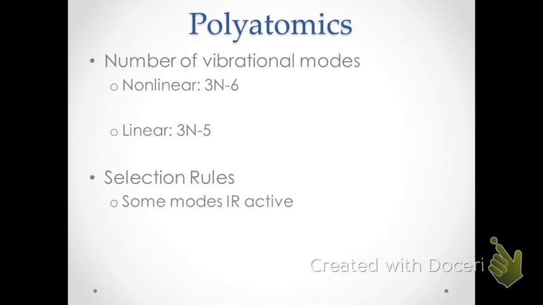So as we go through a few examples, we'll find vibrations where the dipole moment does change, and that means they will occur in the infrared spectrum. But we'll also find there are certain types of vibrations where the dipole moment does not change, which means we won't observe those in the infrared spectrum.